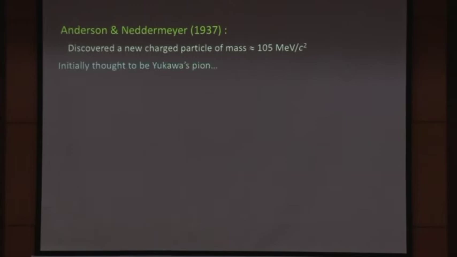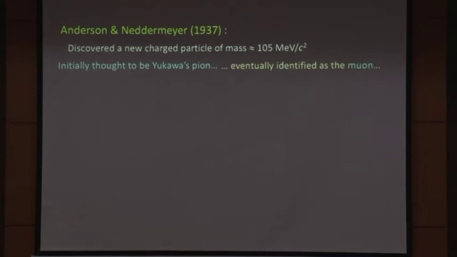So then, all of a sudden, Anderson and Neddermeyer in 1937 discovered a new charged particle with a mass of 105 MeV. They initially thought it was the Yukawa pion, but what came out was that it's not the pion, it's rather the muon that we know today.